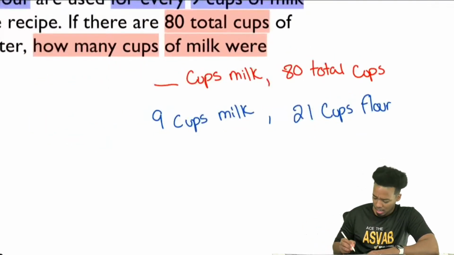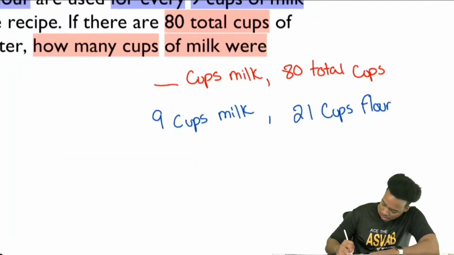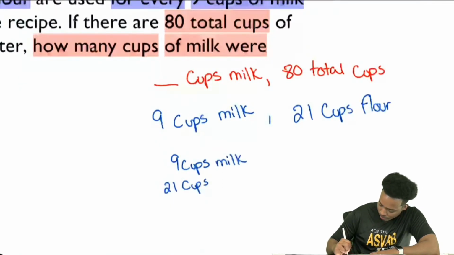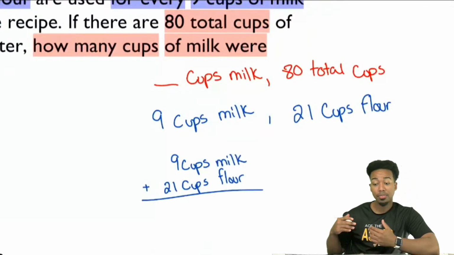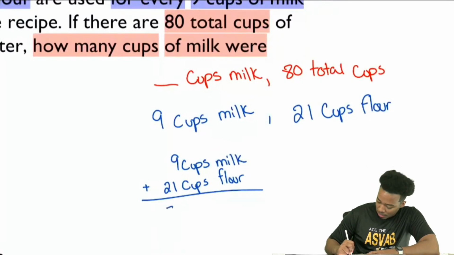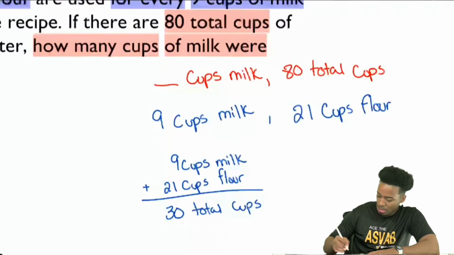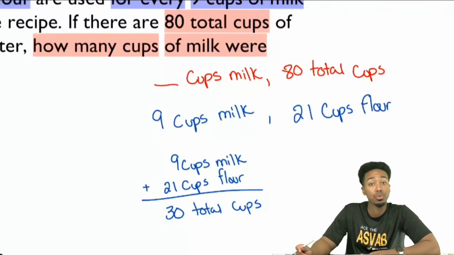So if we're saying we have 9 cups of milk and we have 21 cups of flour, is it true that if I add these together, I'll get 30 total cups?